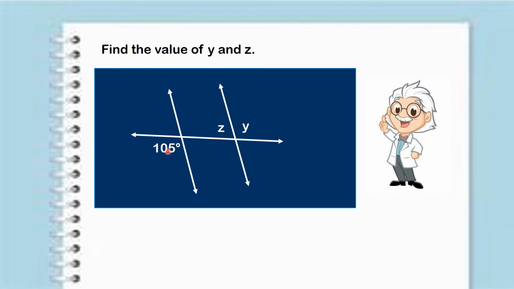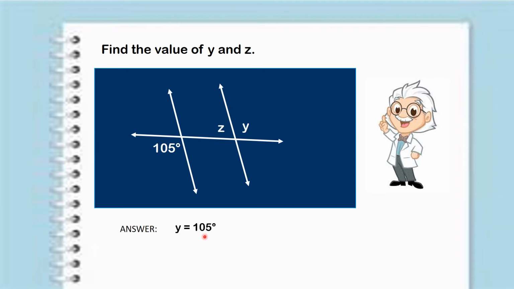So take note or notice their relationship. What do you think is the relationship of the 105 degrees here and the y and the z? Remember the OK method? It might help you. So, what do you think is the answer? The value of y is 105 degrees.